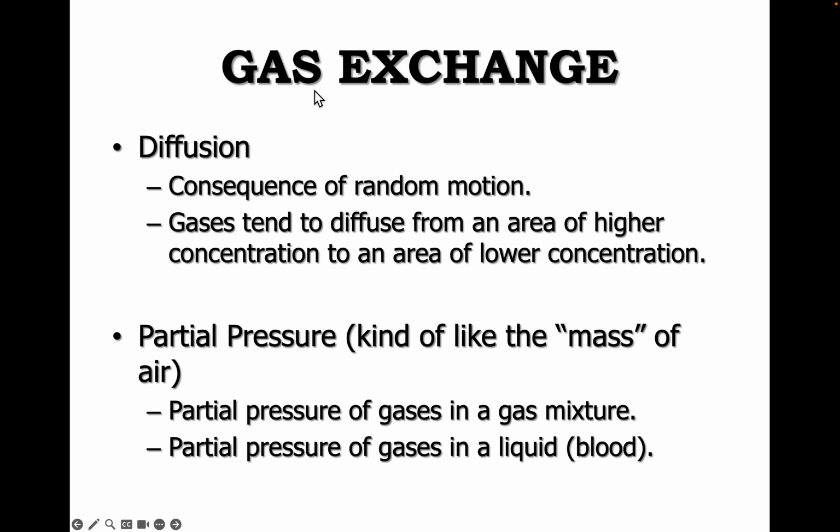So the way gas is exchanged in the body is due to diffusion. Essentially, diffusion is just the random motion of different gas particles. As I've alluded to earlier, gases want to go from an area of higher concentration or higher pressure to an area of lower concentration or lower pressure.